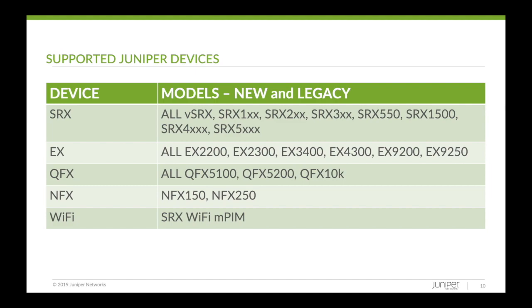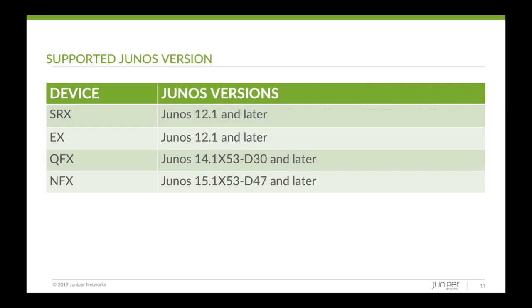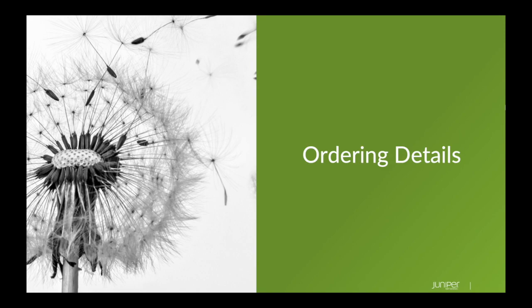Likewise, all legacy and new EX devices are supported. We currently support all QFX devices, and we also support the NFX 150 and 250 devices. And when it comes to Junos support, we support a wide range of Junos versions across these devices.